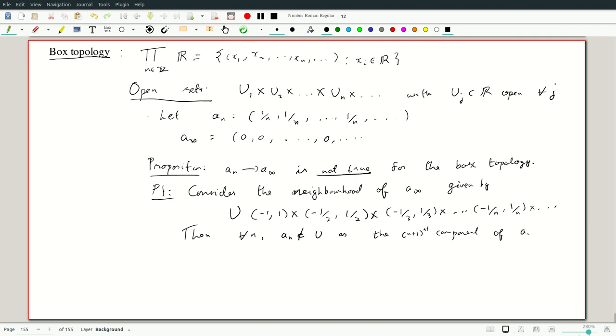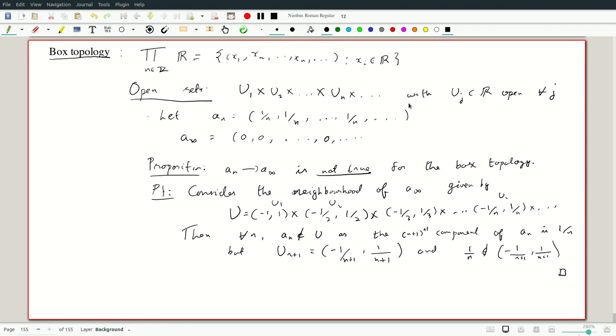The n plus first component of an is like any other component, 1 over n, but u n plus 1 is minus 1 over n plus 1, 1 over n plus 1, and 1 over n is not in this set. So you have to be eventually in this set, but you are never in this set. And so you don't converge to 0.